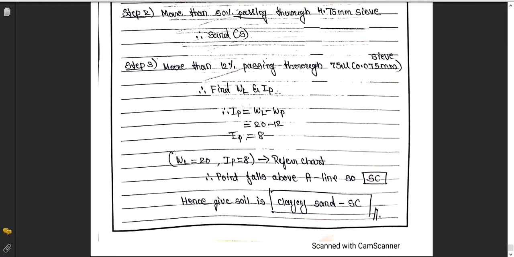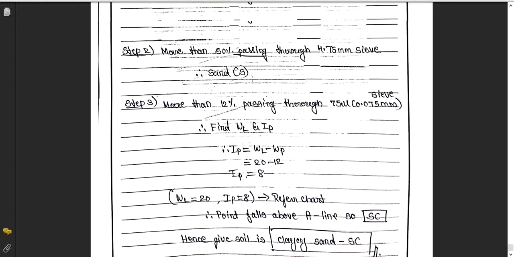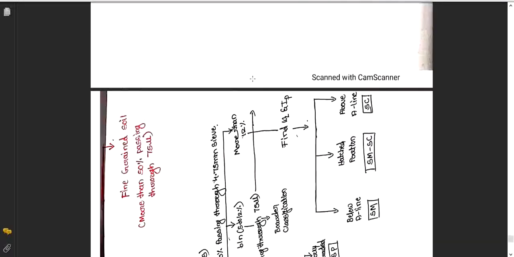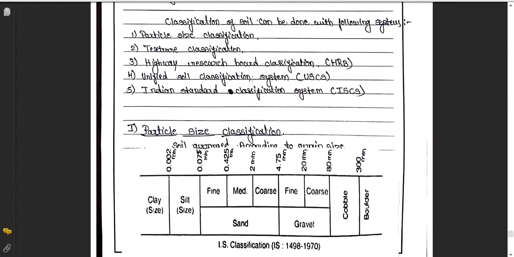After that, we started with the index properties of the soil. After studying those index properties, we studied the classification of the soil, and we are winding up with this particular unit. If you see the syllabus, almost 100% of the part is covered from unit number 1 and unit number 2.